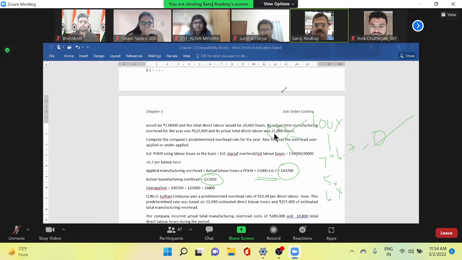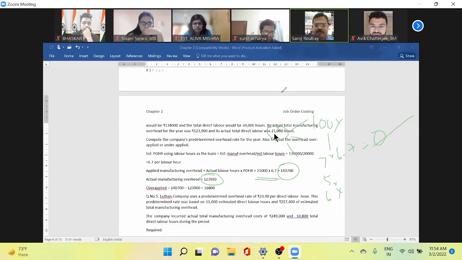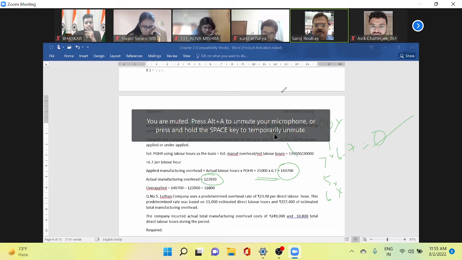Your profit estimation will go wrong. You will estimate profit as less, whereas your actual profit will be more because by mistake you have calculated a cost which is coming over. Your demand will have a negative impact because if you are charging more to a customer, they will find other sources of buying the same product from competitors, right? So these are the impact of overcosting as well as undercosting, right?